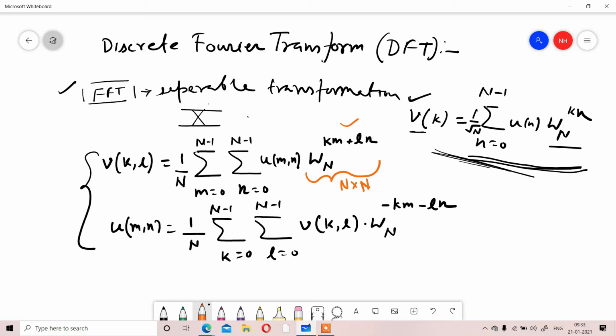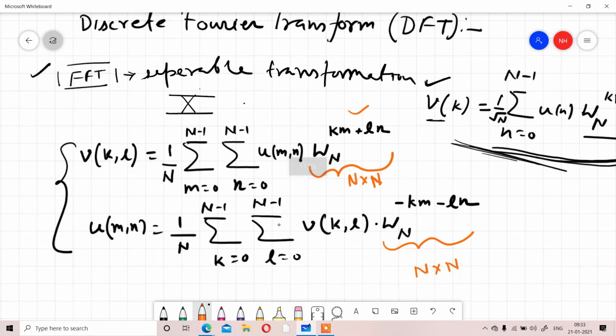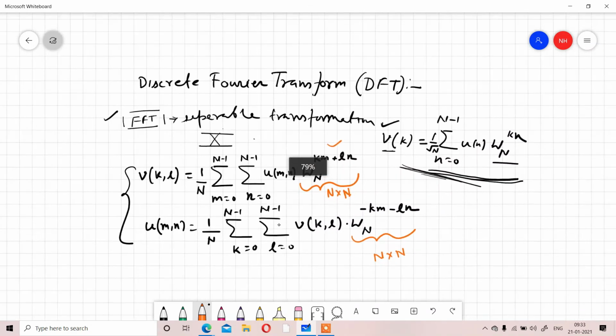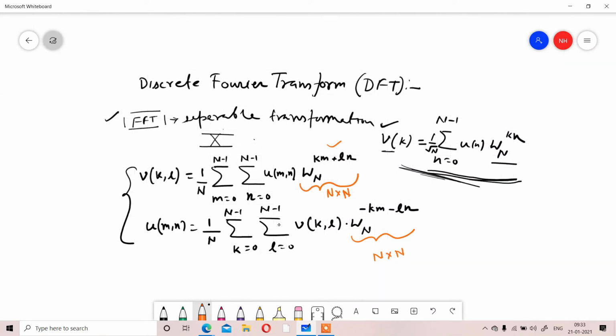Okay. For the 2D transform also, n square number of computation will happen over the transformation matrix. Now, simply, if we separate W of Km plus Ln into two parts, and rewrite the expression in a different way, then you can understand how that operation is happening.